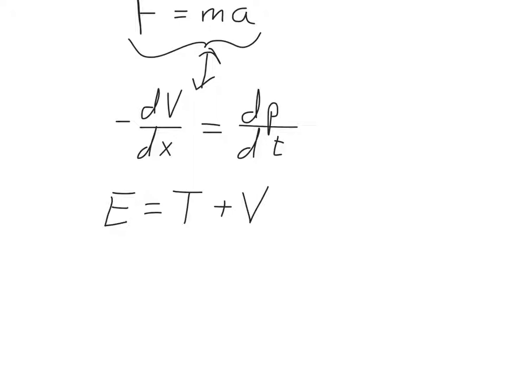And by that I mean this is constant: for any particular problem, I will find T as a function of time, V as a function of time, but their sum does not depend on time.